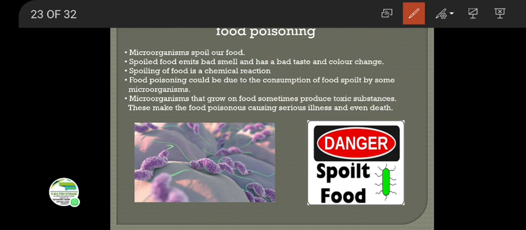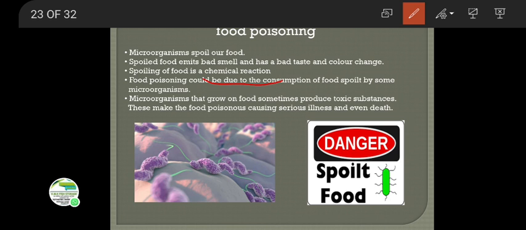So when microorganisms attack our food, what happens? The food chemical composition will change. So spoiling of food is a chemical reaction. And food poisoning could be due to the consumption of food spoiled by some microorganisms. The food nutrients will be spoiled by the microorganism and it will produce certain toxic substances.